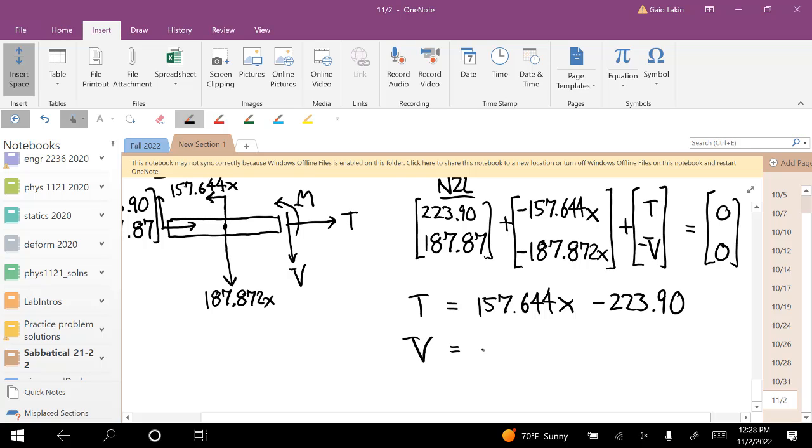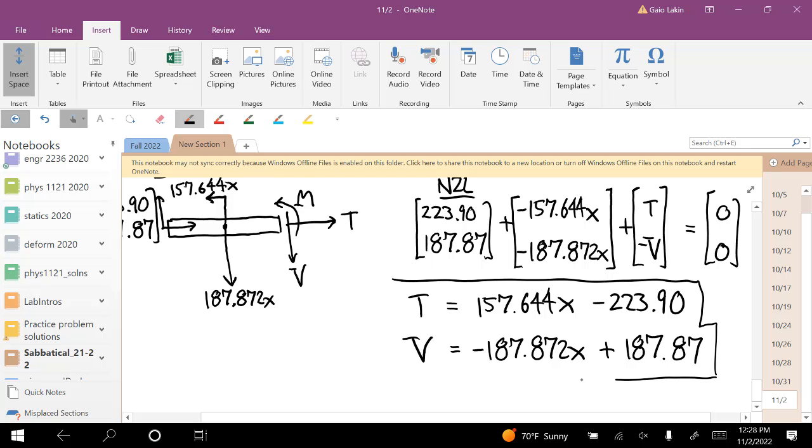And v is equal to negative 187.872x plus 187.87. This is the first problem that we've seen where the internal tension varies as you move along. That's because of that horizontal component of the distributed load.